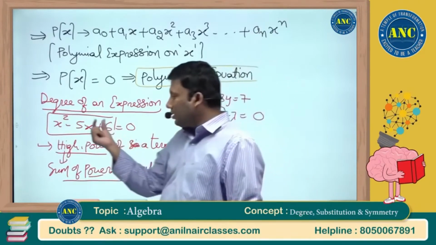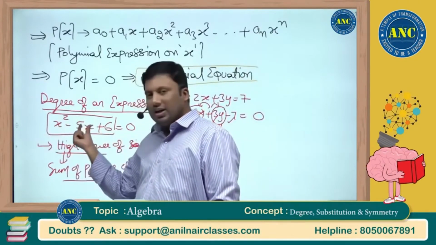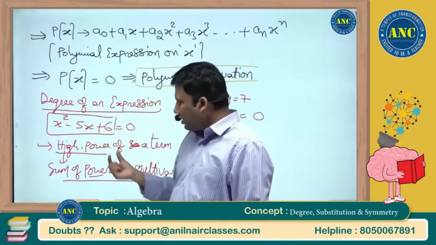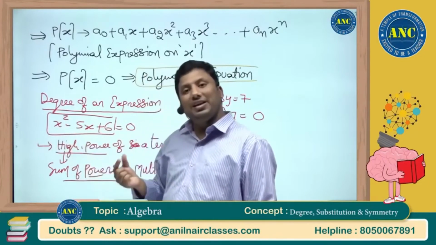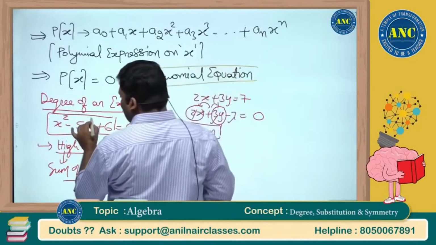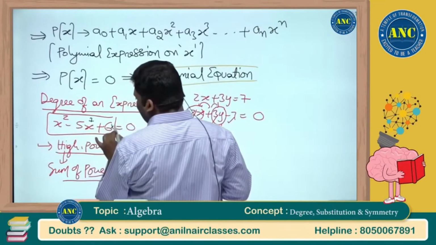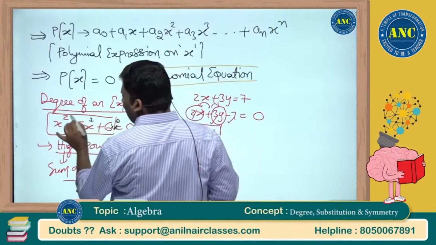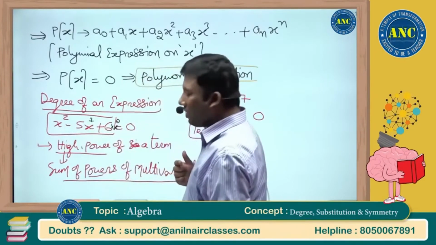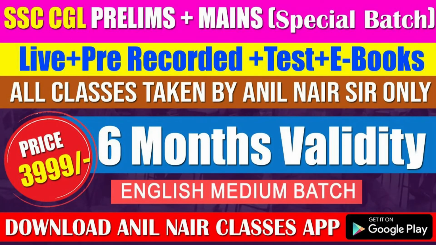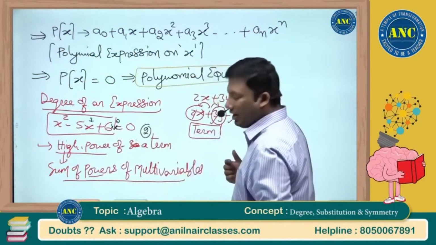There are 3 terms: x square, 5x, and 6. If there is a single variable, the powers are 2, 1, and x power 0. What is the highest? It is 2.